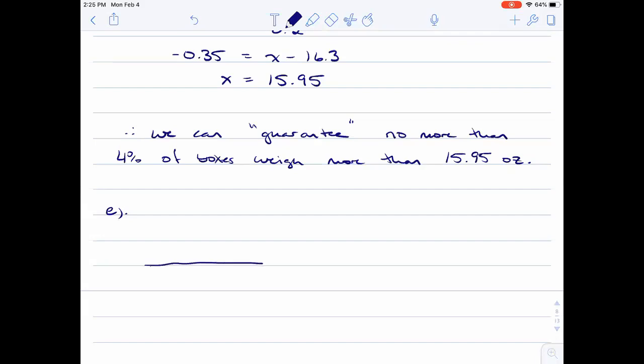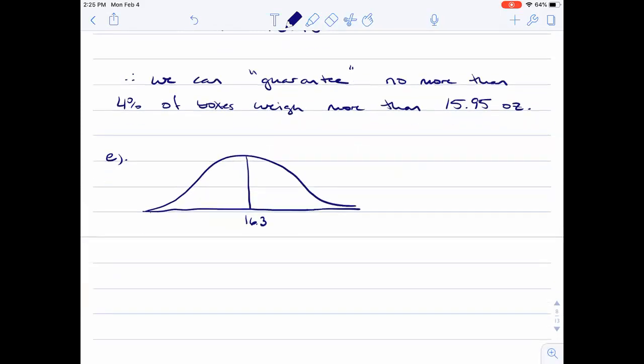So part E is going to look like this. We've got still the normal distribution, still centered on 16.3, and sigma is still 0.2. But now, at some point here that we're going to try to find are the top 25%, or 0.25, of the heaviest boxes.